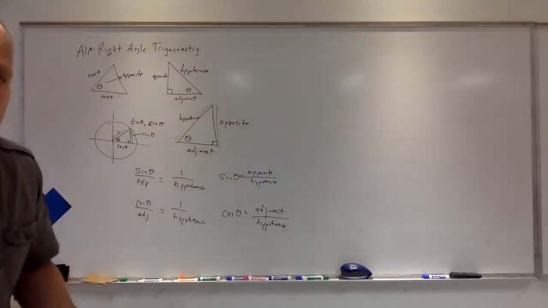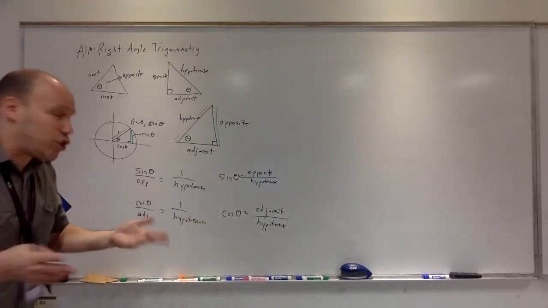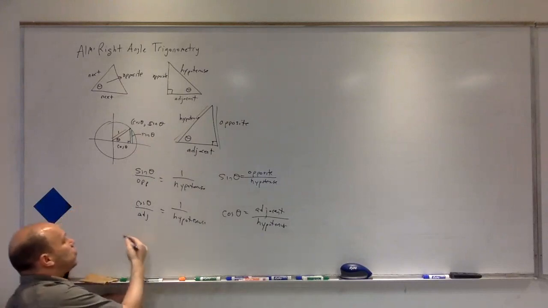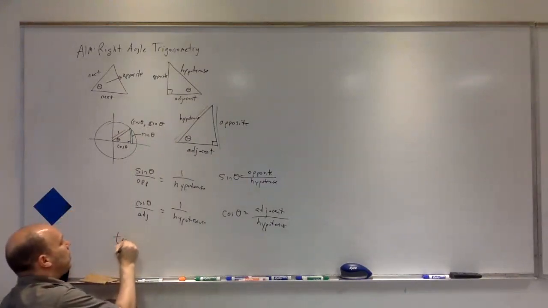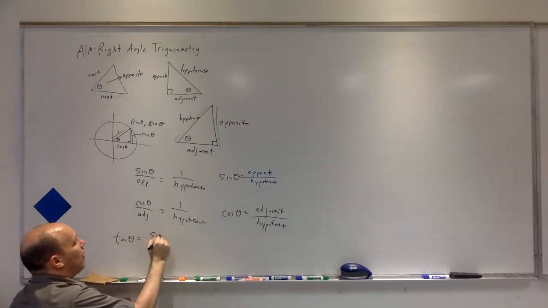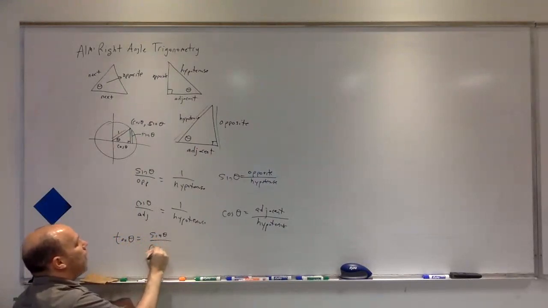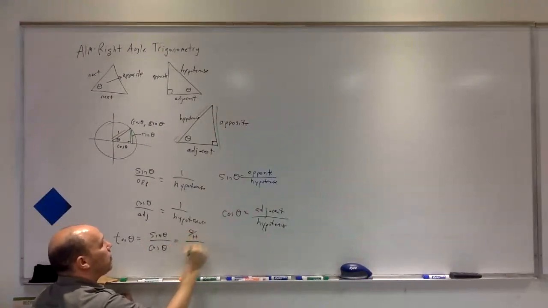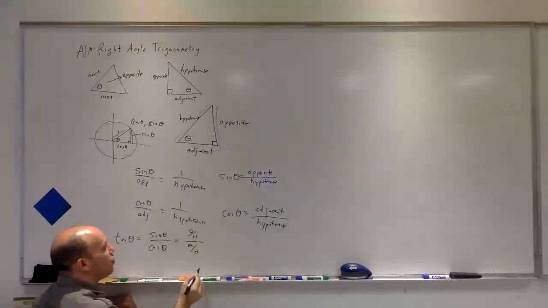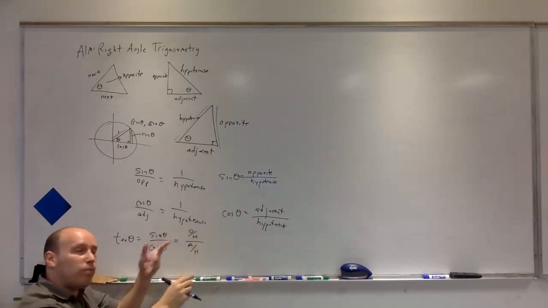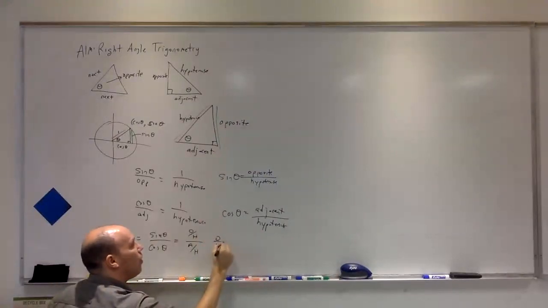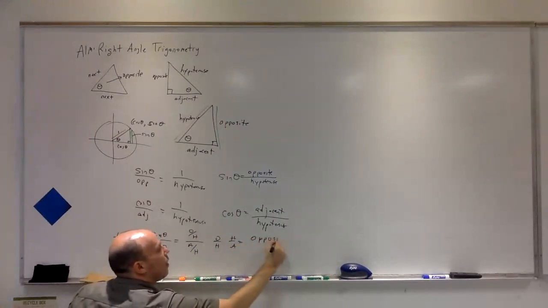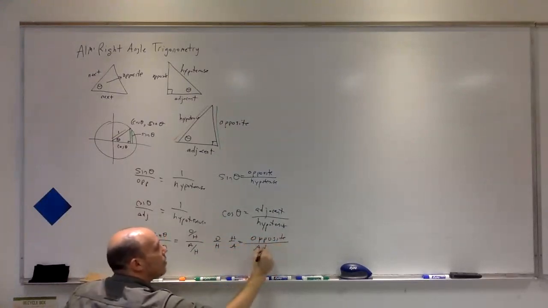And the last ratio that you recall is the tangent ratio. Since we know that tangent is equal to sine of theta over cosine of theta, which is opposite over hypotenuse divided by adjacent over hypotenuse, and dividing by a fraction is like multiplying by its reciprocal, we get opposite over adjacent.